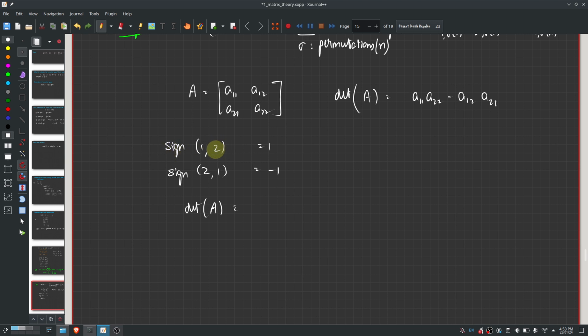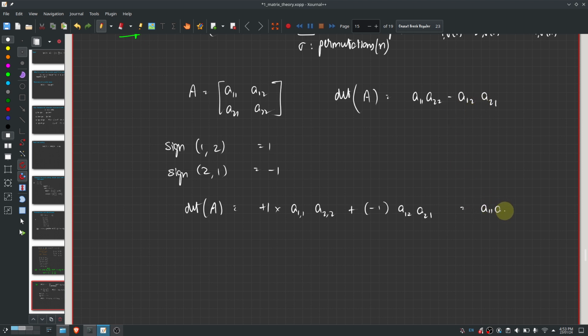The first permutation is the identity permutation, so it is plus 1 times a 1 comma sigma of 1, which is 1, times a 2 comma sigma of 2, which is equal to 2, plus the sign of 2 comma 1, which is minus 1, times a 1 comma sigma of 1, which is equal to 2, times a 2 comma sigma of 2, which is equal to 1. And you get back your original definition.